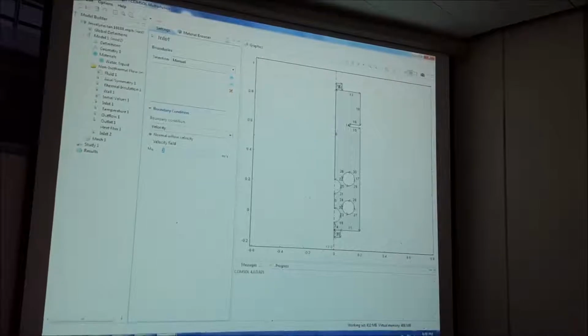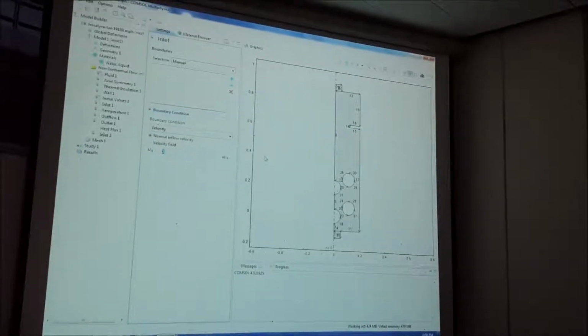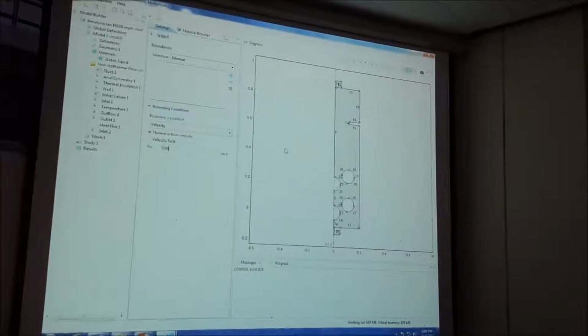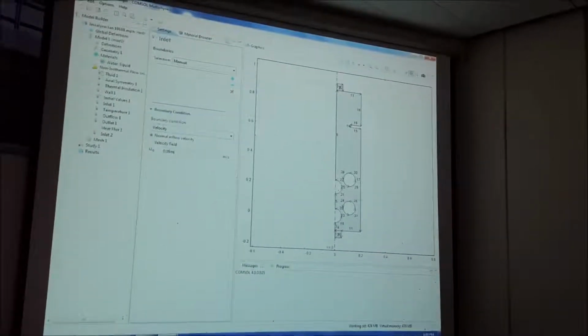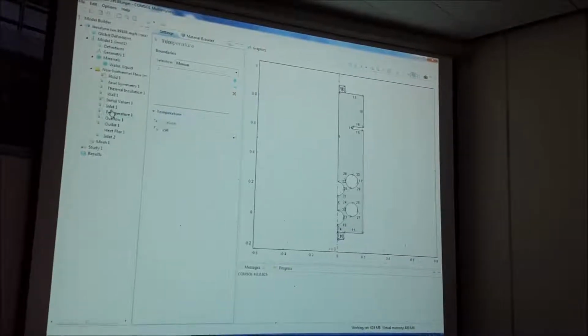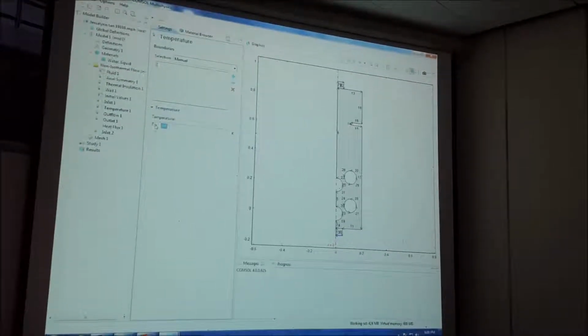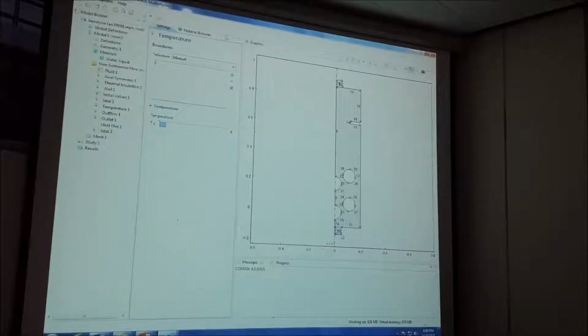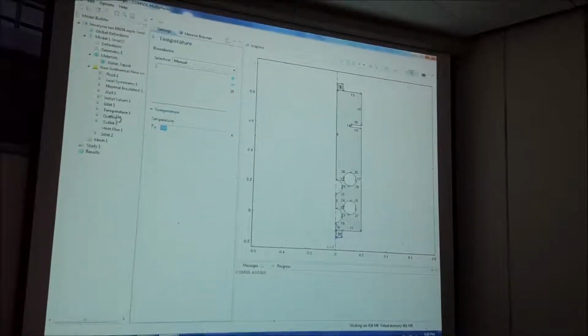Add the desired velocity, which for our group is 0.09 meter per minute, and define the velocity at the point below. Then go to the temperature, the inlet temperature, and define it as 298 Kelvin.